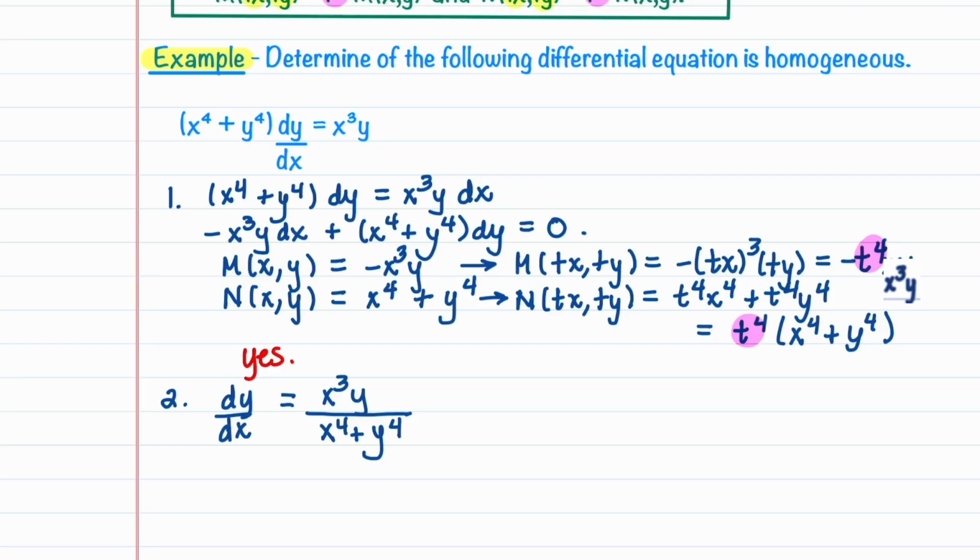That power is 4, so let's divide the top by x^4, and let's divide the bottom by x^4. On the top, we get y divided by x, and then on the bottom, we get 1 plus y divided by x raised to the fourth. Here you can see that our right-hand side is a function of y over x. This tells us that our equation is homogeneous.